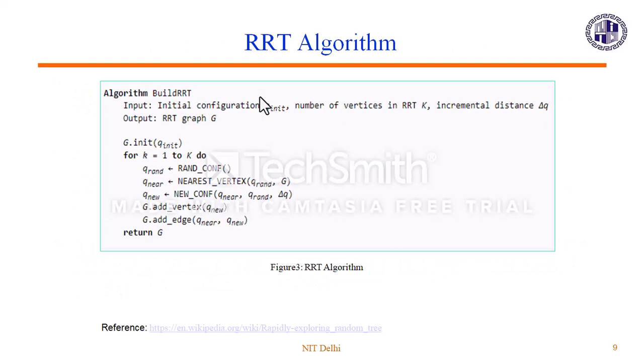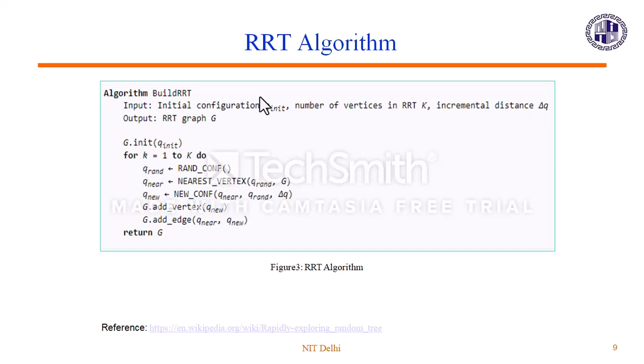Here is the algorithm for the RRT. The input of the RRT algorithm is the q_init, that is the starting point, and then there are k number of vertices, and the output of the RRT is the RRT graph.